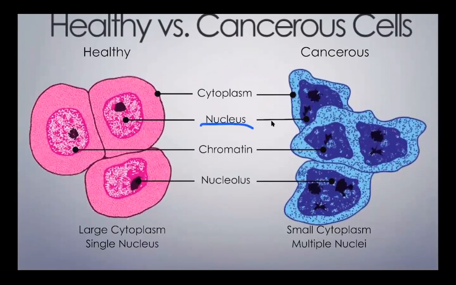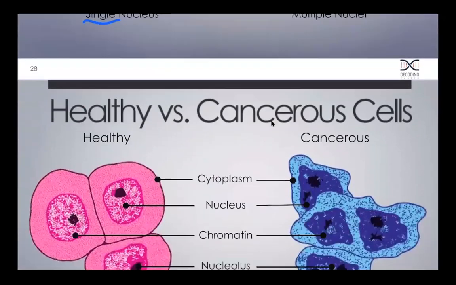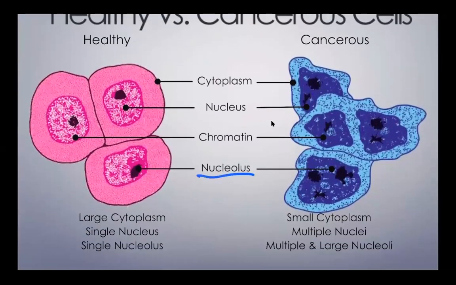The nucleus: a lot of you might notice that there are multiple nuclei inside the cancerous cells and only single ones in healthy cells. And again, it's because these cancerous cells are just uncontrollably dividing, right? They're constantly copying, copying, copying. And so it's not a surprise that some of them end up with multiple nuclei. It's the same thing with the chromatin, which is really, really dark. Again, there's so much DNA that they've made.